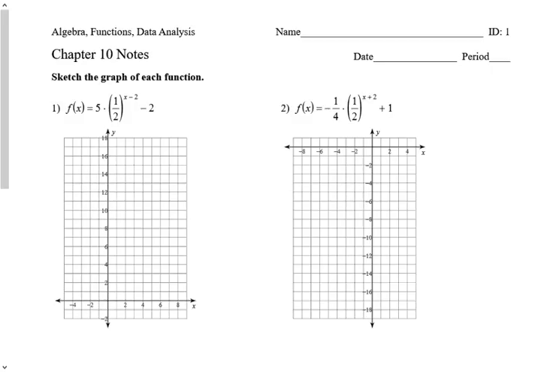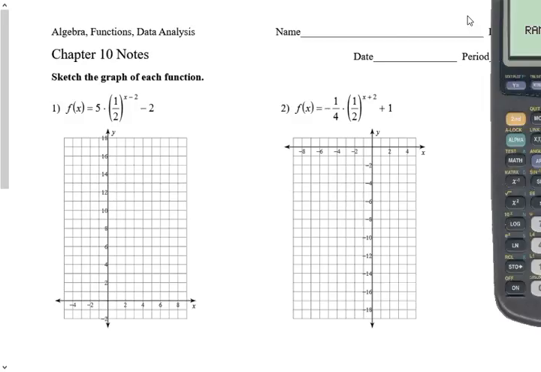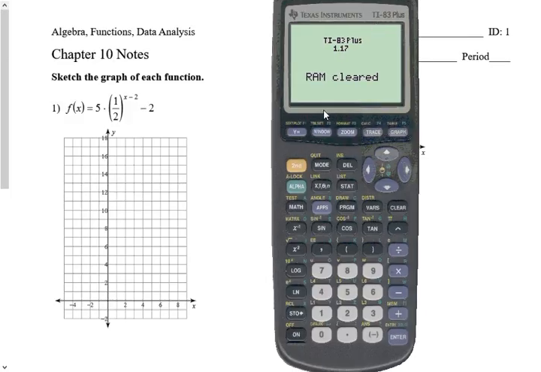So I'm going to go ahead and do number 1, and we're going to bring my calculator up here. So I'm going to go to my y equals. I'm going to do 5 times parenthesis.